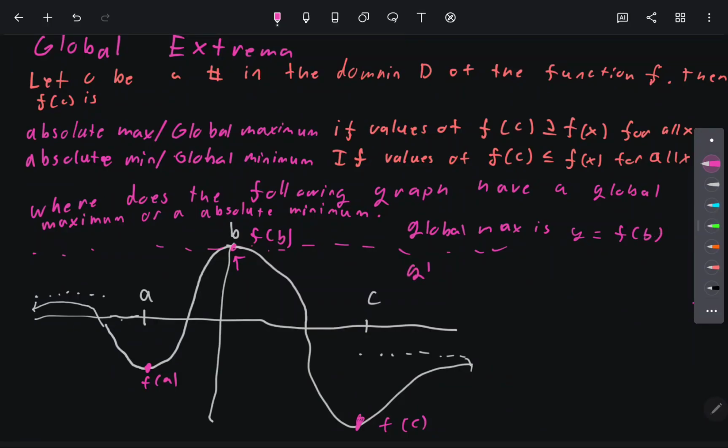Now let's find the global minimum. We look at all the points. This f of c looks to be maybe that global minimum. We see all other values of f of x are higher than f of c, and that is true, so we get an answer of y equal to f of c as our global minimum.